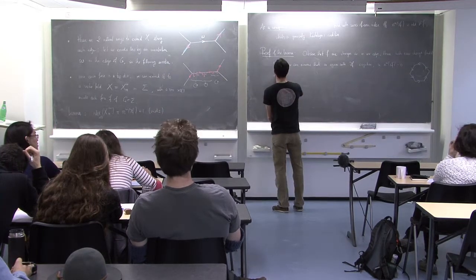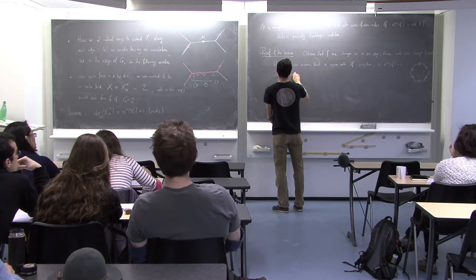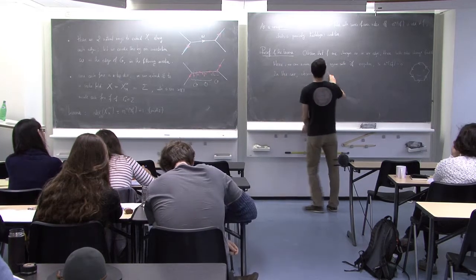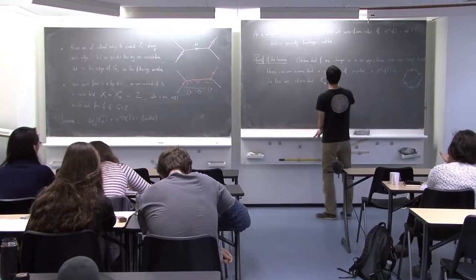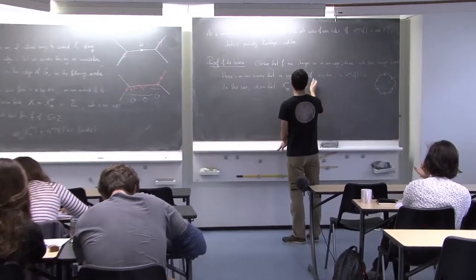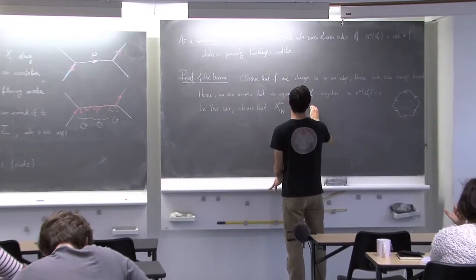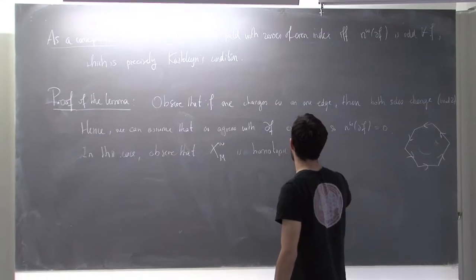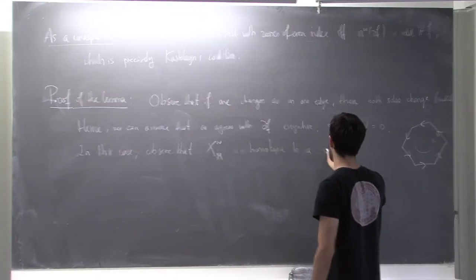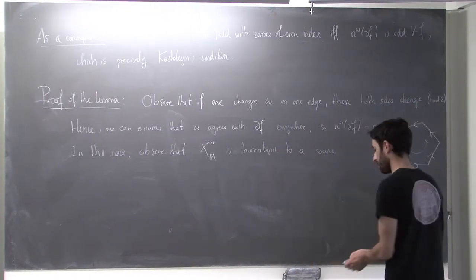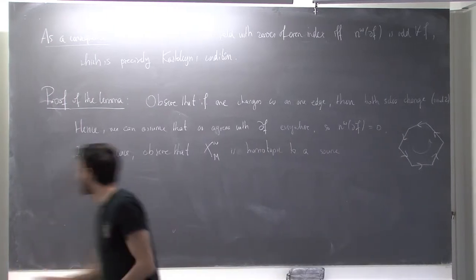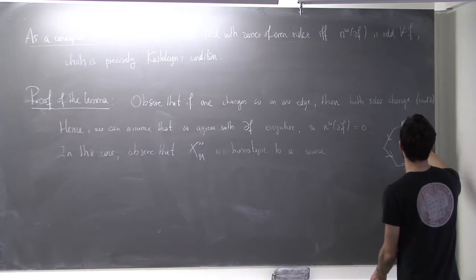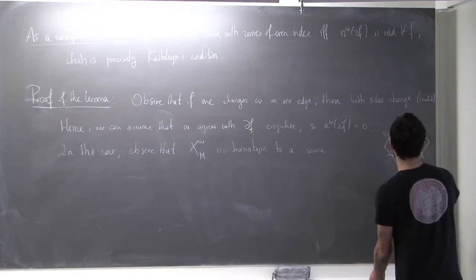In this case, observe that x omega m is always homotopic, meaning you can deform it continuously to a source. What I mean is it's homotopic to something that always goes like this.